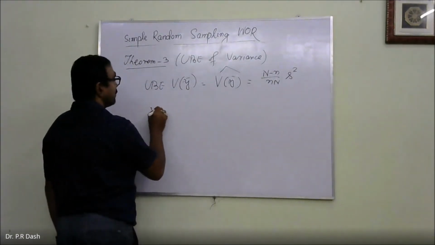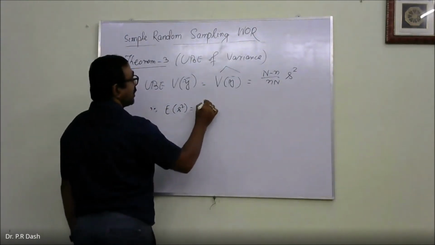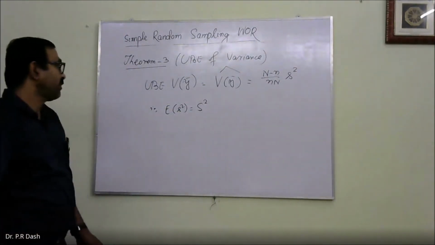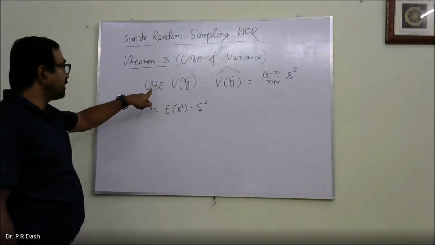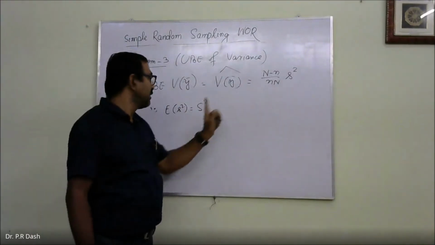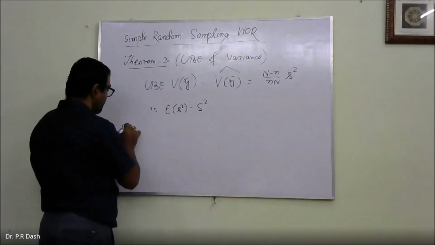That is, expectation of the small s square equal to capital S square. So the best estimate of the variance will be this. So expectation of the small s square equal to capital S square, that you can put here.